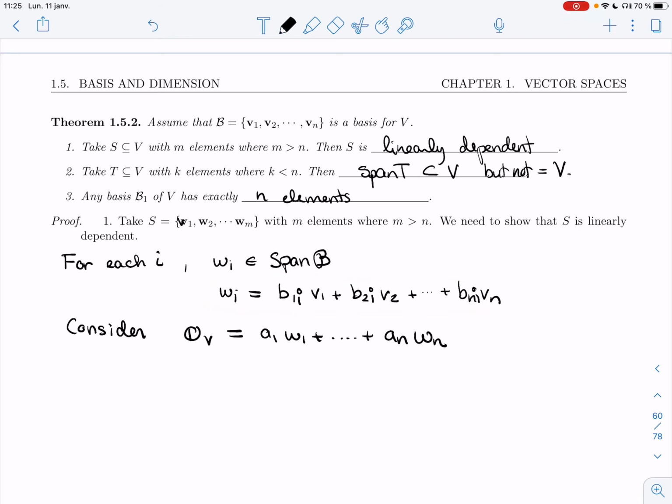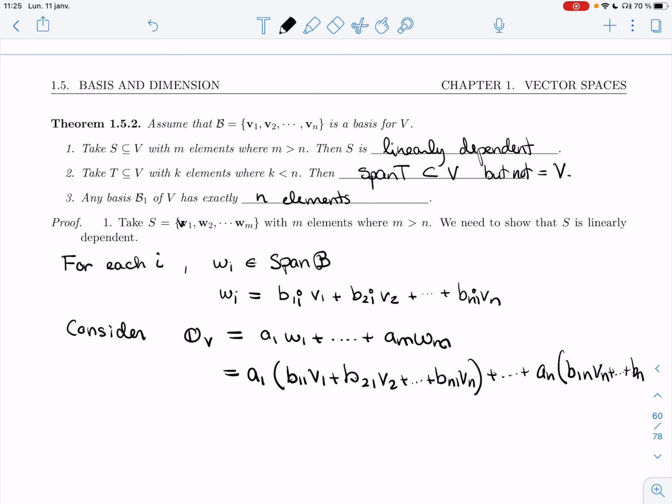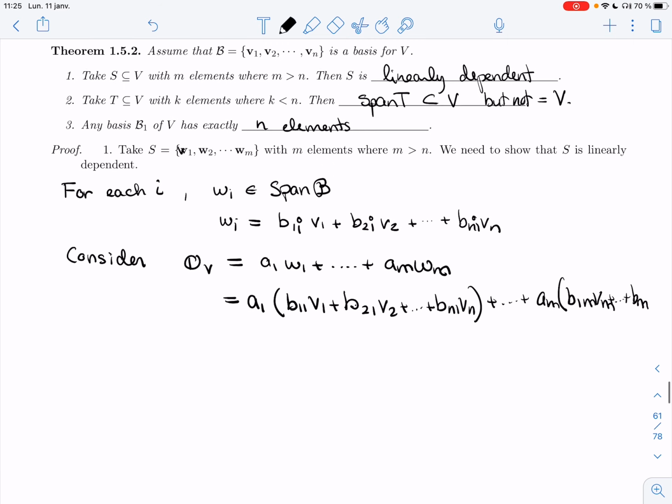So I'm going to replace each w by its linear combination. Sorry, there's m of these.